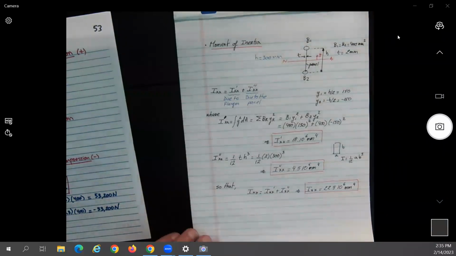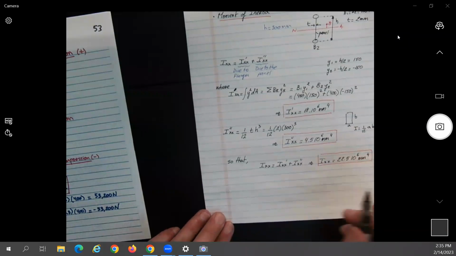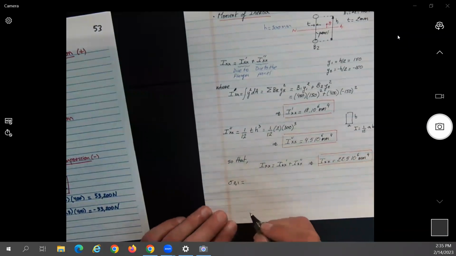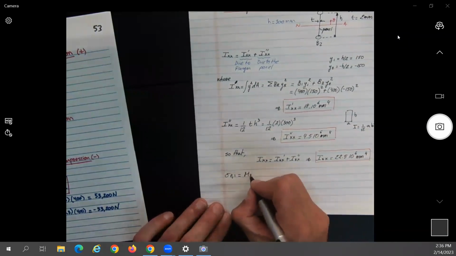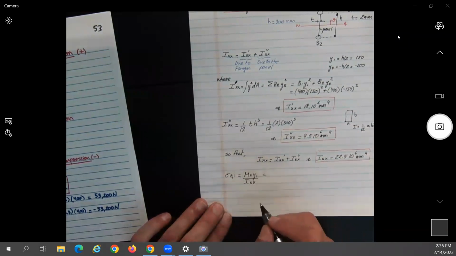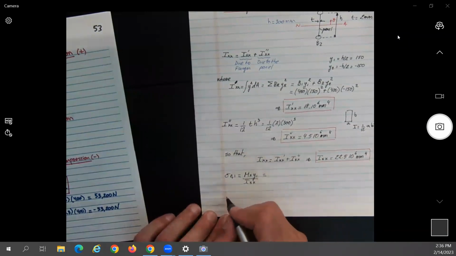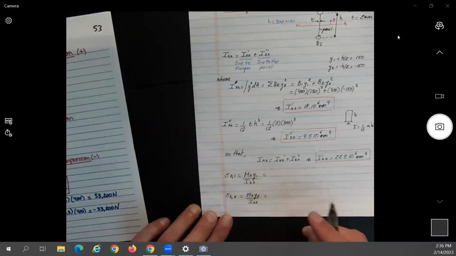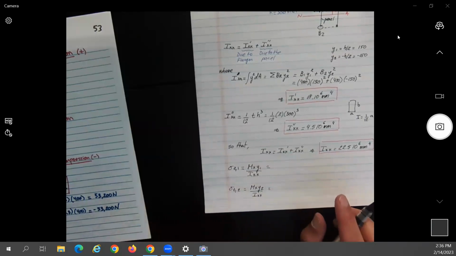So from here we can calculate sigma z1 equal to Mx y sub 1 over Ixx, and sigma z sub 2 equal to Mx y sub 2 over Ixx.